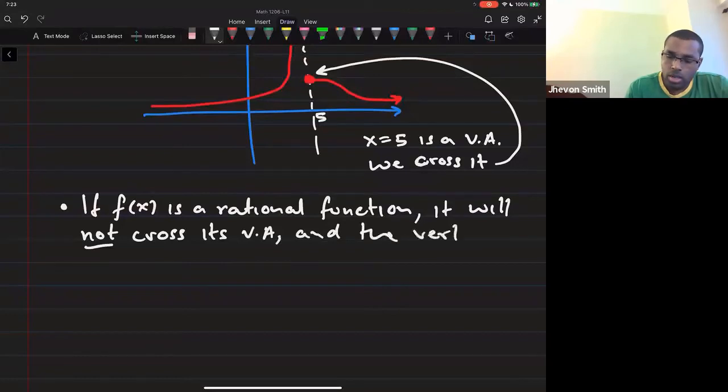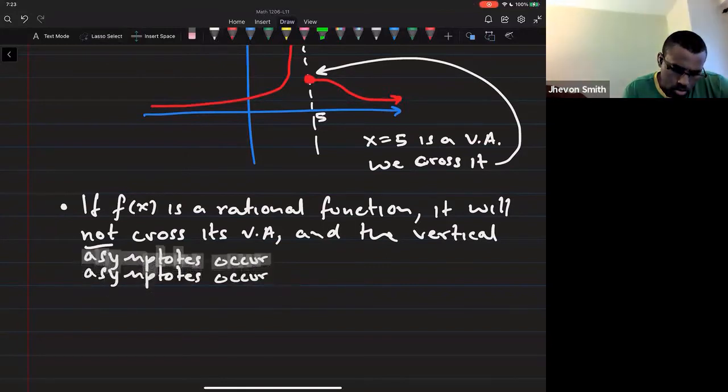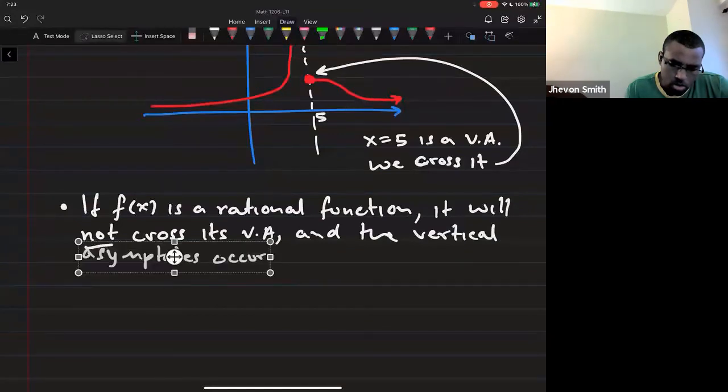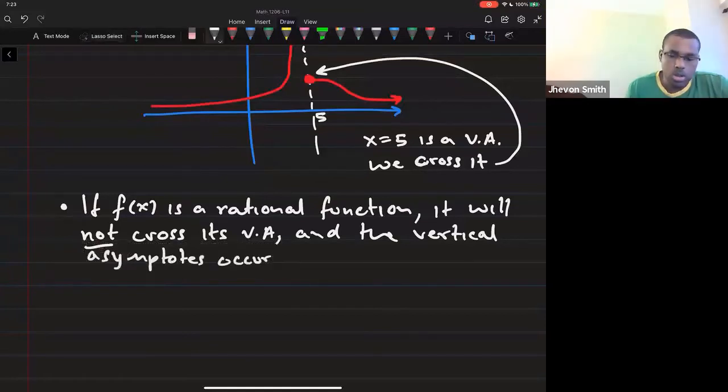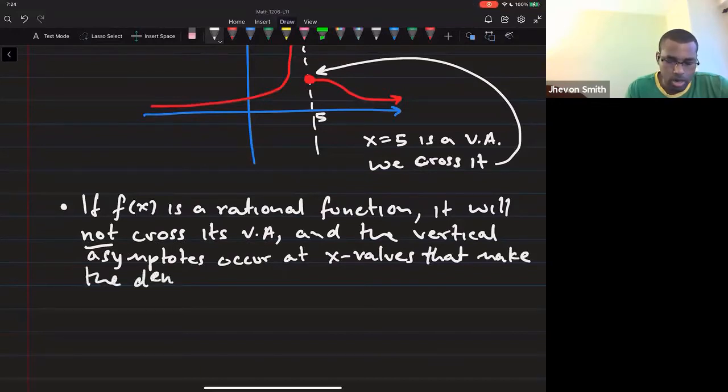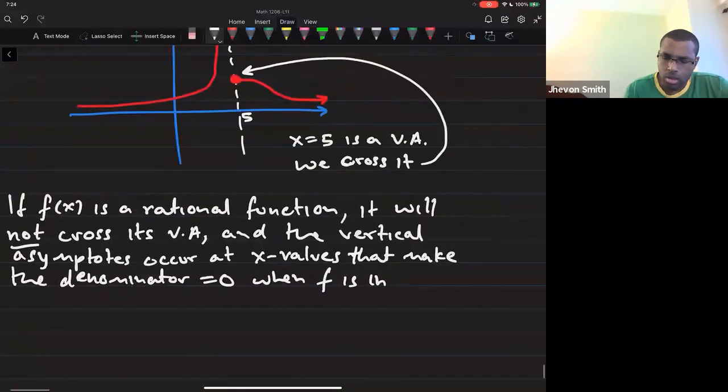And the vertical asymptotes occur at x values that make the denominator equal 0 when f is put in reduced form.